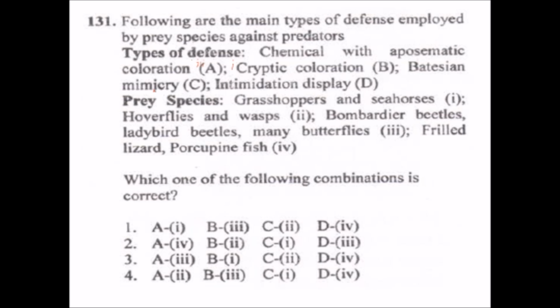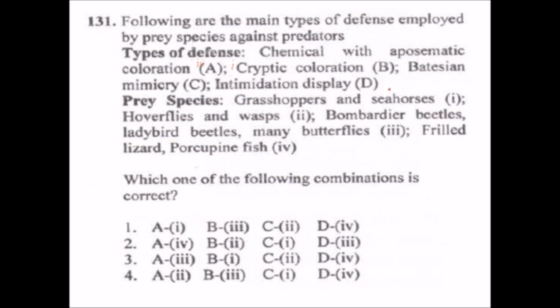It is known as Batesian mimicry, so it goes with hoverfly and wasps. Actually, what happens is some birds don't feed on the hoverflies, since wasps are not for them. Once they have adopted not to feed on the wasps, then obviously the hoverflies get the benefit of this.